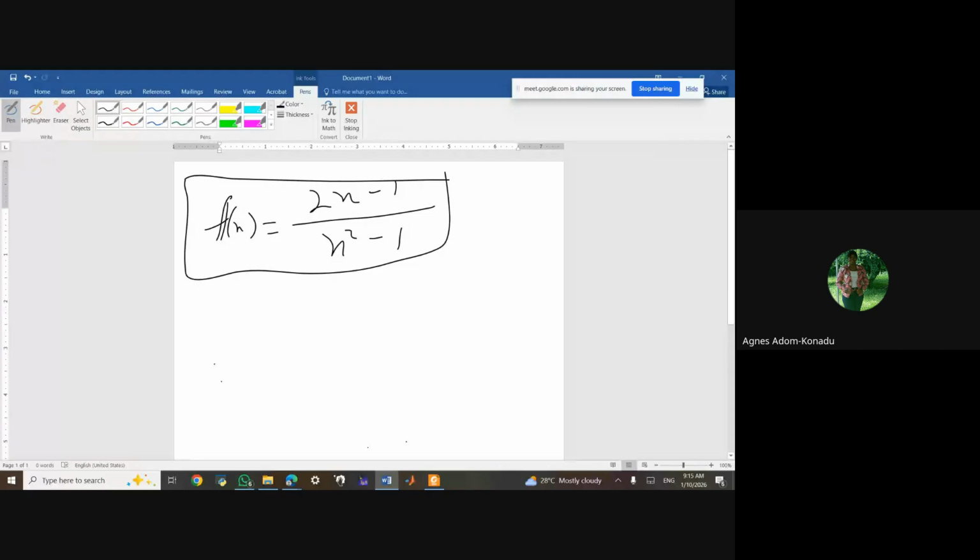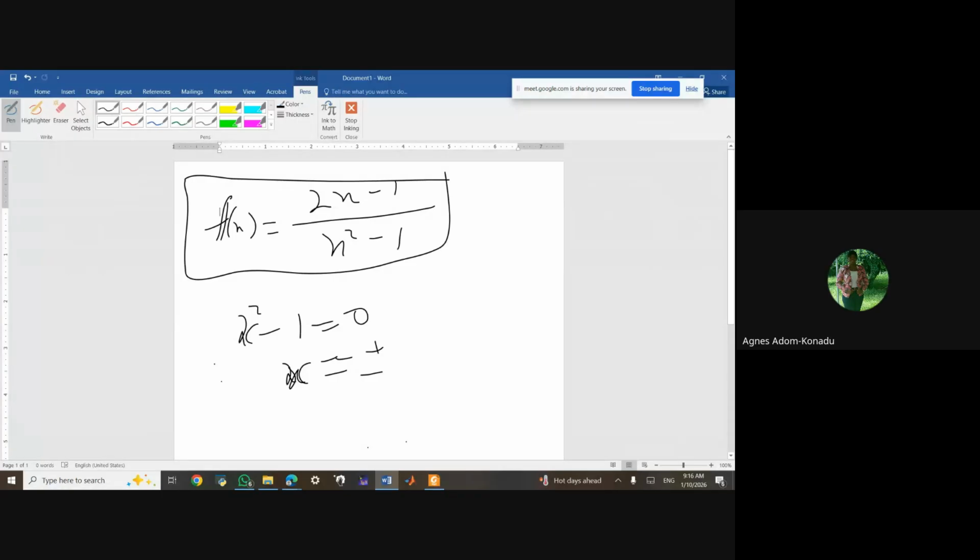But those that will make this function undefined are not in the domain. So to find the domain, I will equate the denominator to 0. Then I'll solve for my x. So here my x, what will be the value of x? Plus or minus 1.